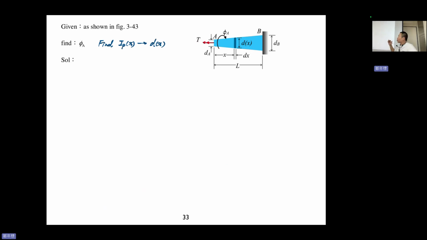So if you want to find IP of x, you need to find dx first, and we can use the method in chapter 2. We have done this before.